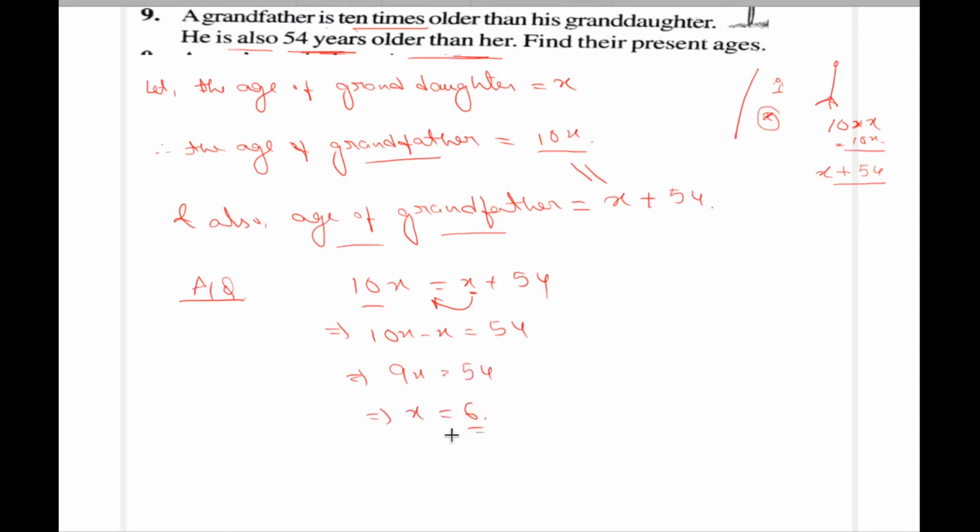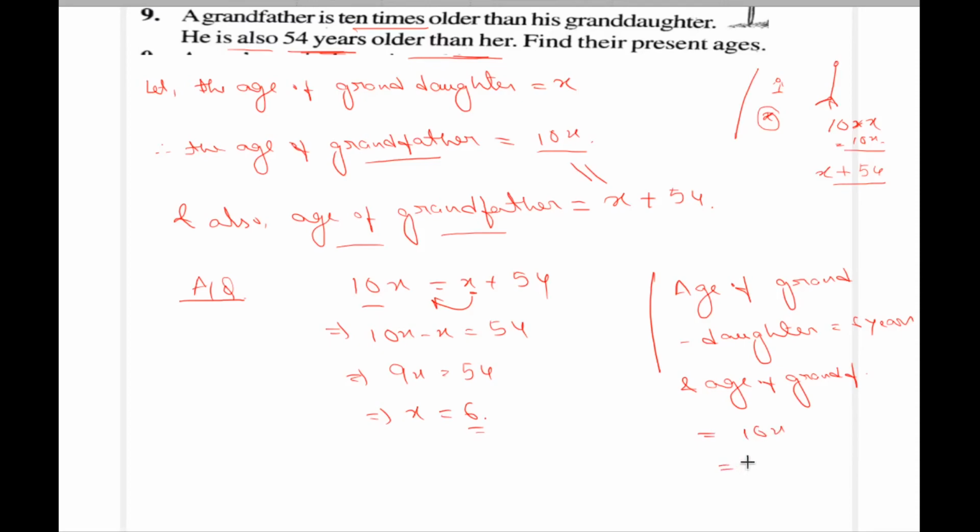Yes. So x equals 6 means the age of granddaughter equals 6 years, and age of grandfather is equal to 10x.